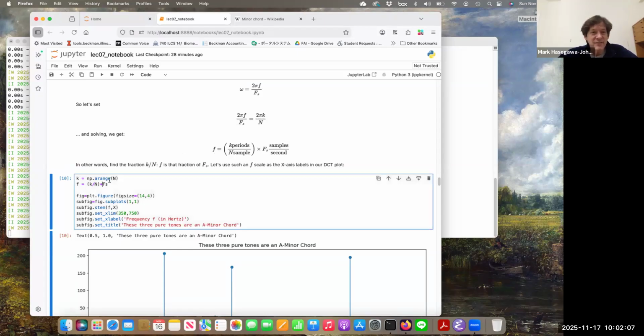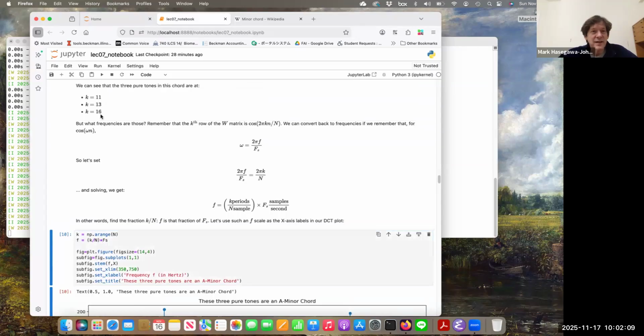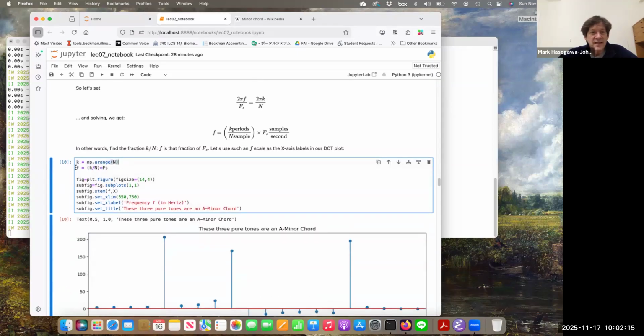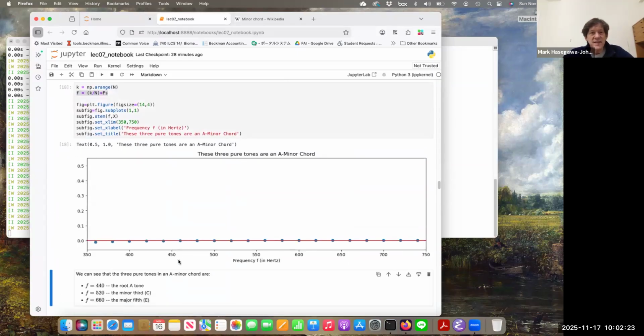So let's do that. We have k is equal to 11, 13, 16. Let's do k as a total range between 0 and 400. And let's find f, the frequency in hertz, measured between 0 and fs. And let's plot those three samples.